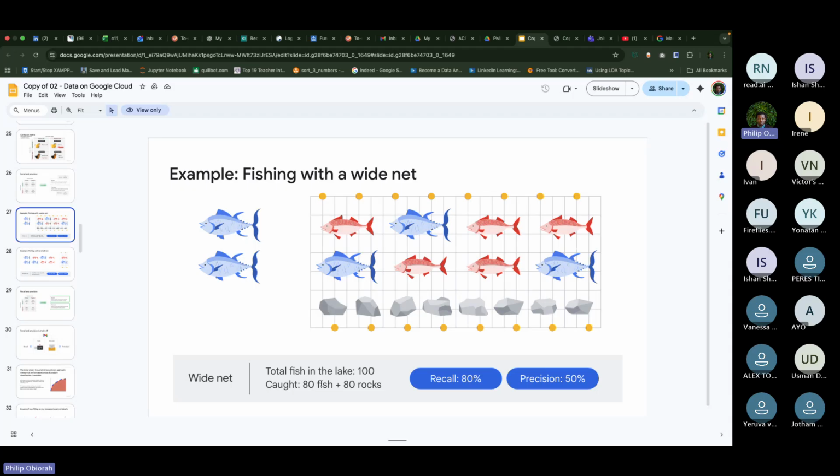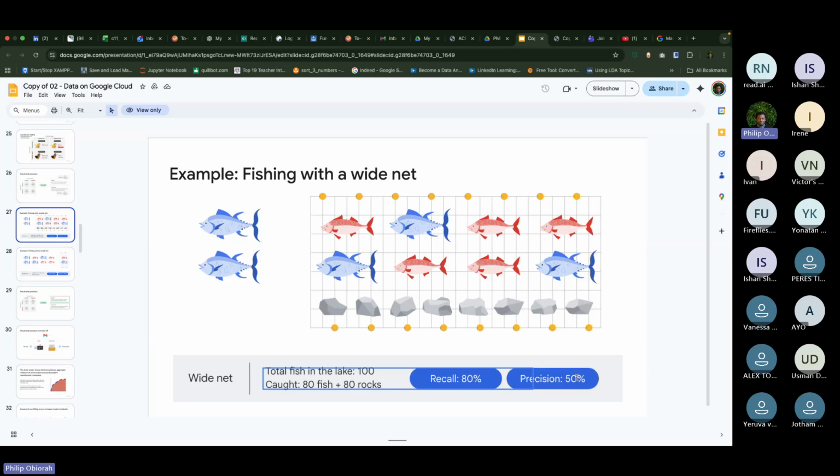For us to have a high percentage of recall, that means we have to catch all fish, right? But in this case, we are catching 80% of the fish. And so there's a trade-off.